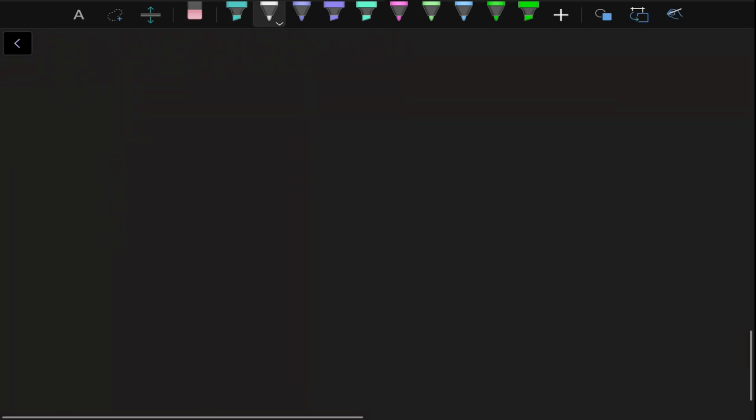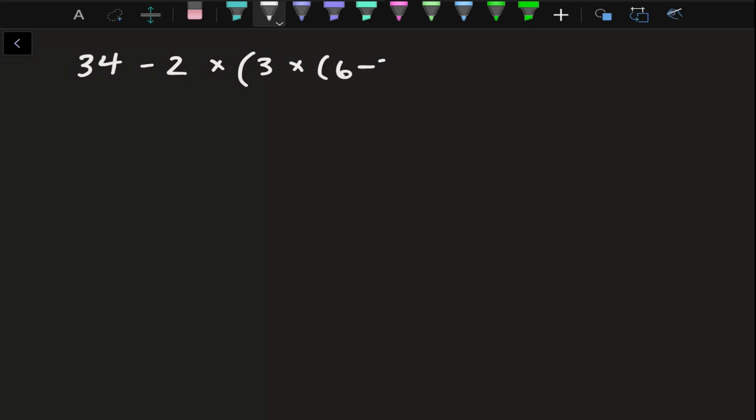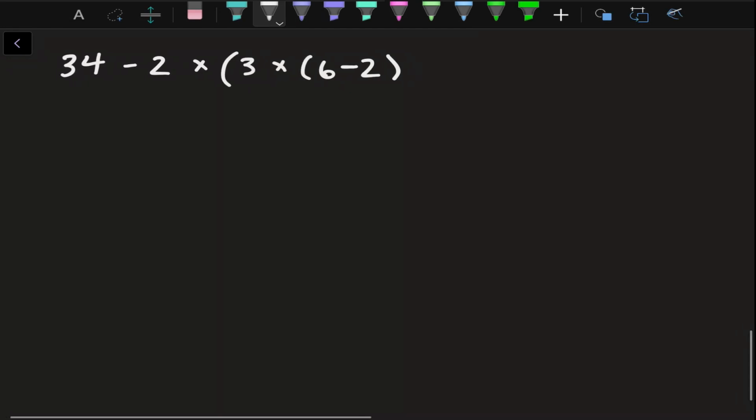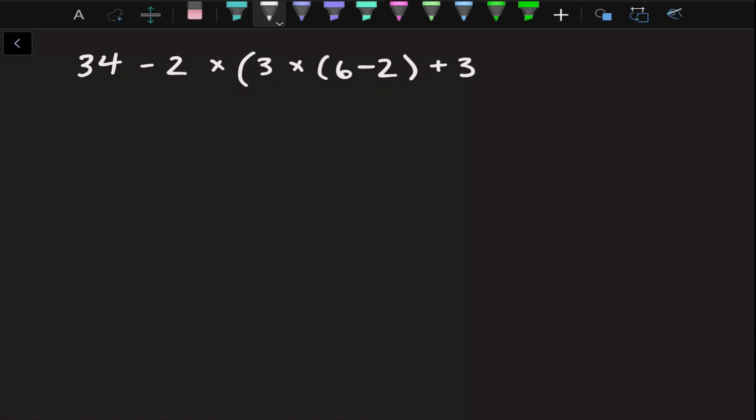Now, if there is more than one set of brackets, we need to start with the innermost set. So I'll show you what I mean here with this example. 34 minus 2 times 3, there's one set of brackets, times 6 minus 2 plus 3, and another set of brackets.